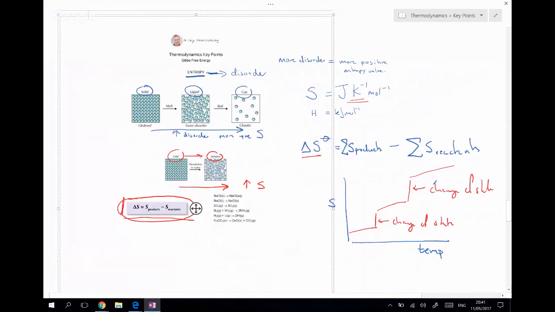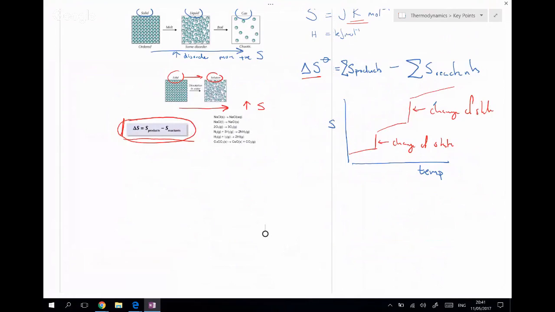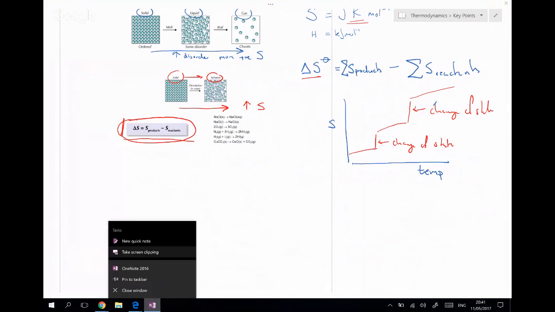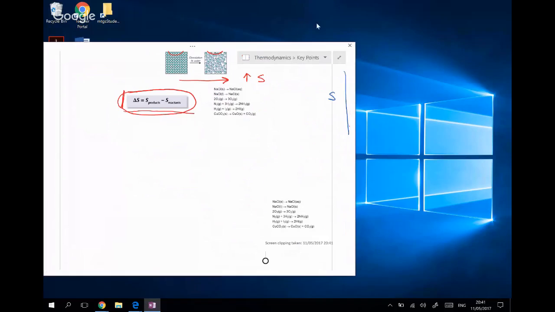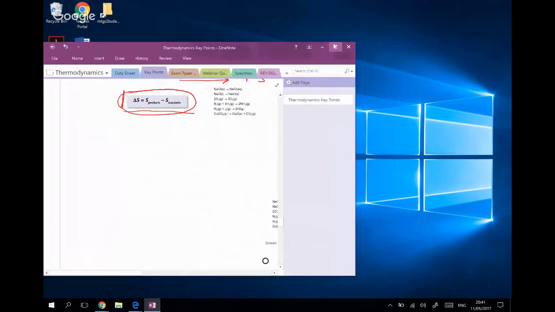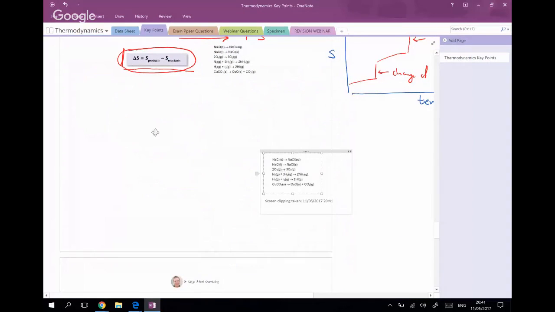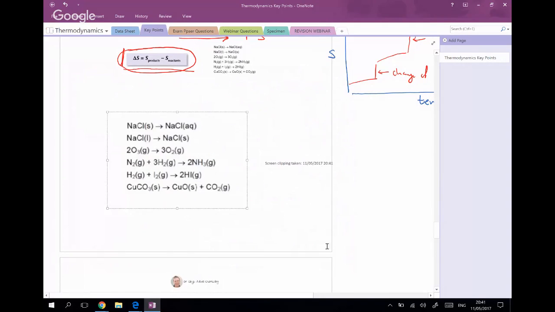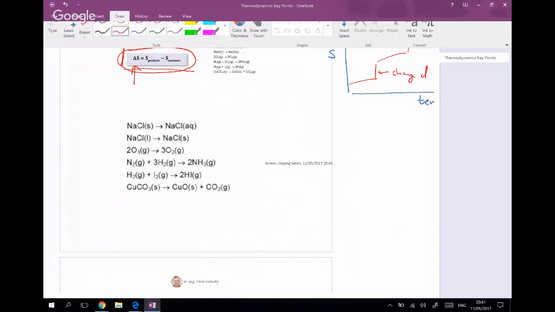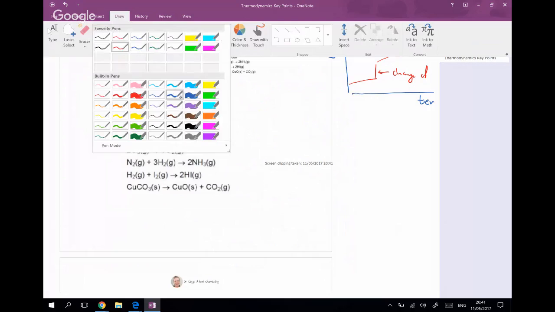If we're now looking here, I'm just going to take a snapshot of this particular one and blow it up so we can actually see it. We can identify what we'd expect the change in entropy to be for each of these.